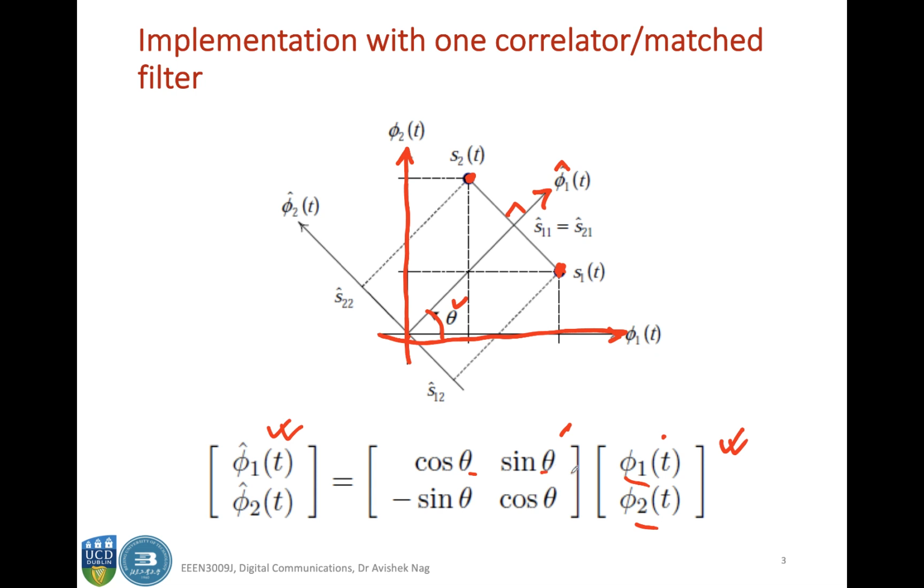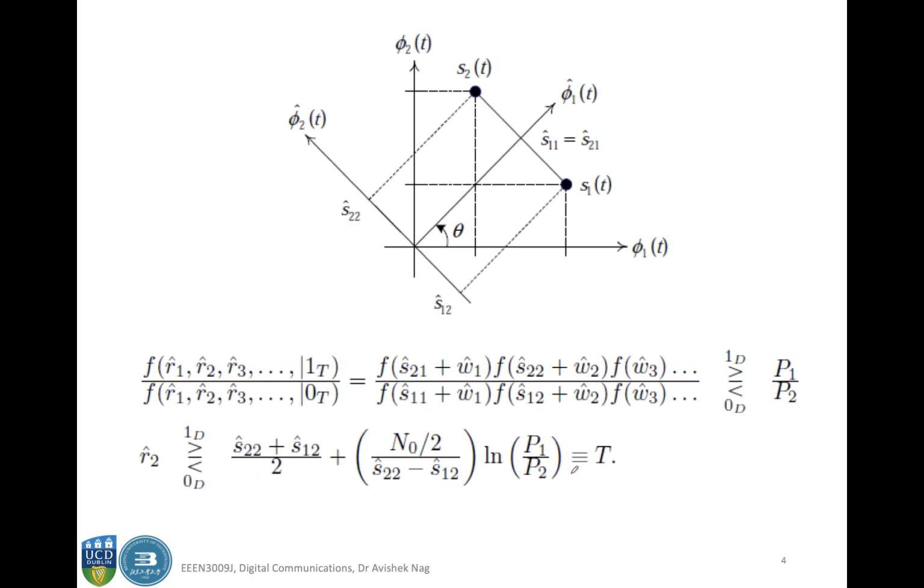If you do that, then you can adjust the optimum decision rule in terms of the received signal in the transformed axis, which are denoted by the components of the received signal as R1 hat, R2 hat, R3 hat, and so on. And also the transmitted signals and the noise is represented with a hat on the top in the transformed axis.